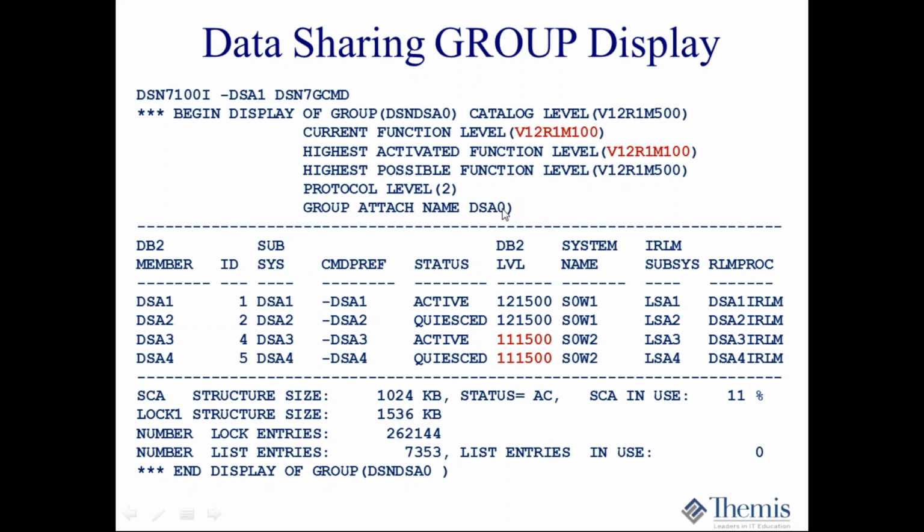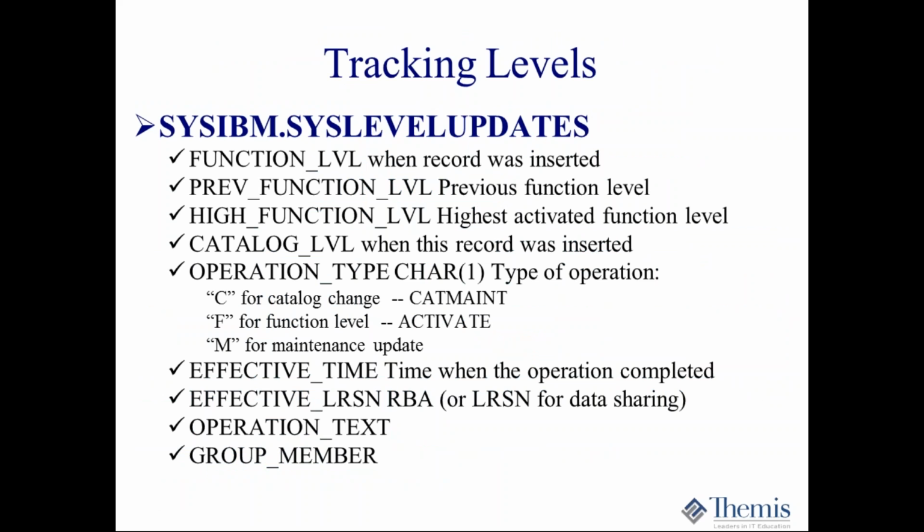Okay. Now, you might ask me, how does DB2 track all of this? Ta-da! We have a new catalog table called System Level Updates.